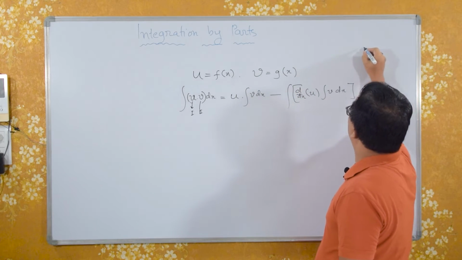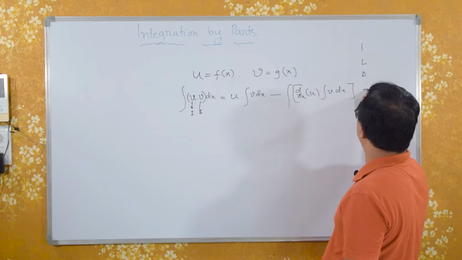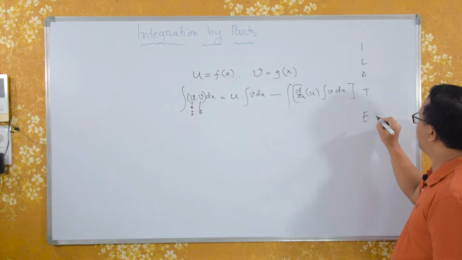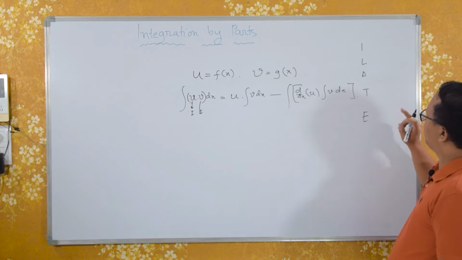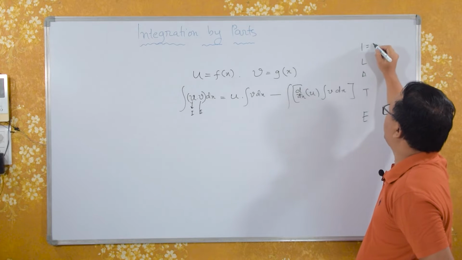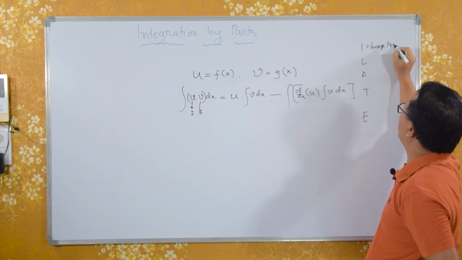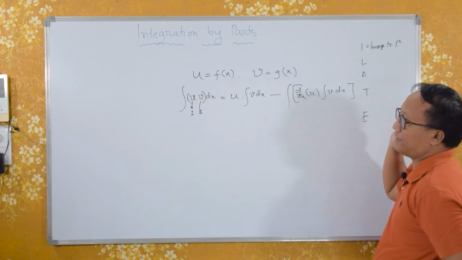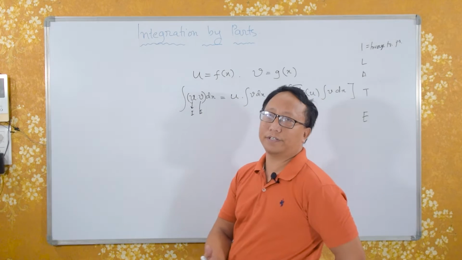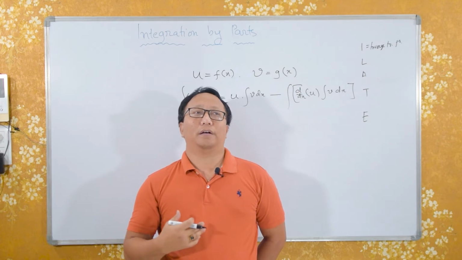Now we have the ILATE rule. I stands for inverse trigonometric functions, which are sine inverse x, cos inverse x, tan inverse x.